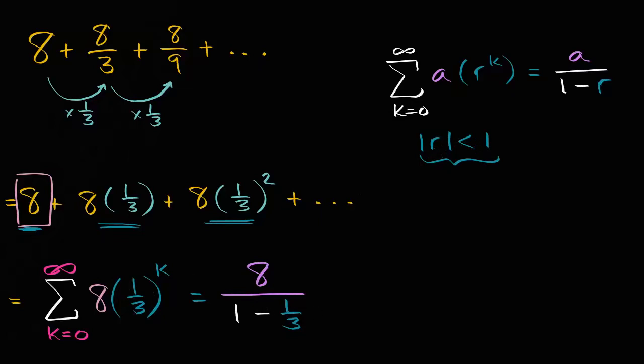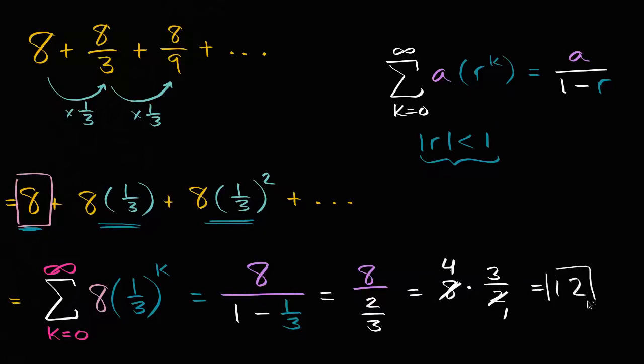And so this is all going to converge to 8 over 1 minus 1/3, which is 8 over 2/3, which is the same thing as 8 times 3/2. Divide 8 by 2, that becomes 4, and so this will become 12.